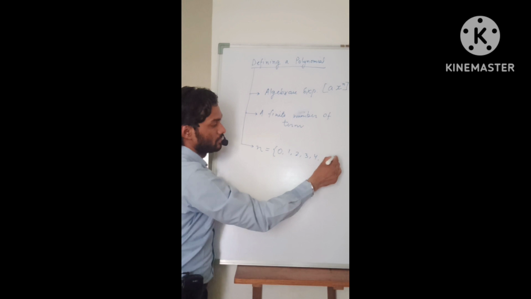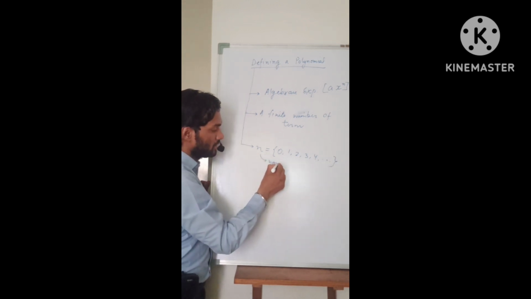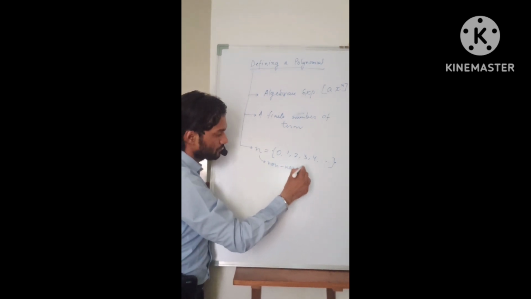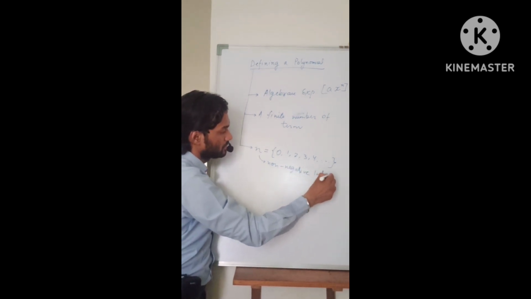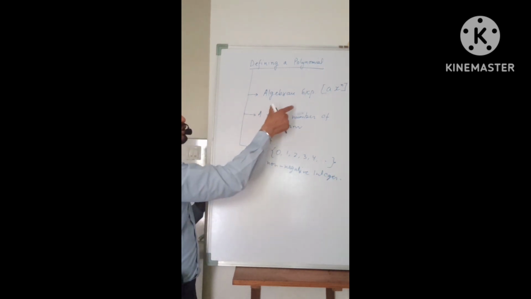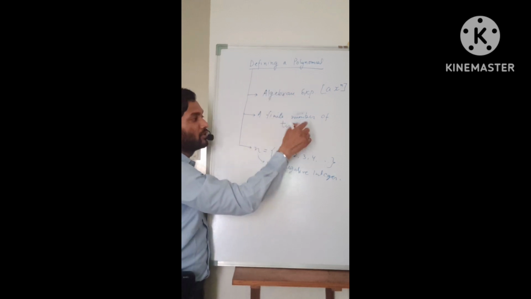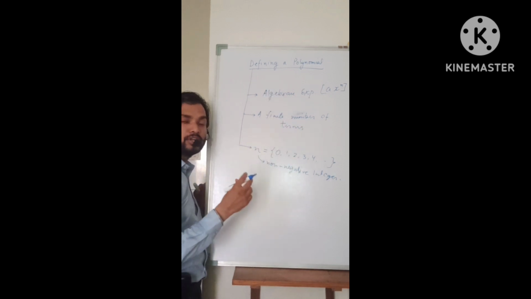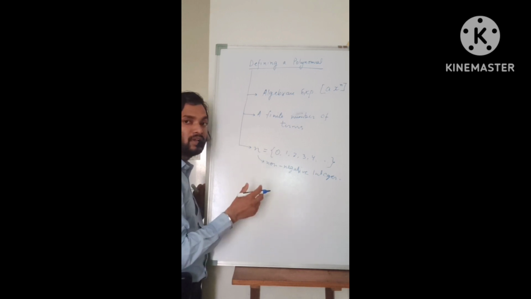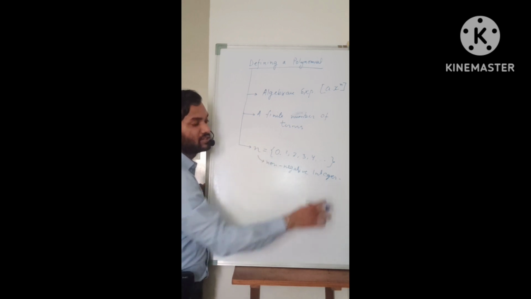So the exponent should be a non-negative integer. So what are the three things? The nature of the expression should be algebraic. There should be a finite number of terms in a polynomial expression, and for the expression to be a polynomial, the power should be a non-negative integer.